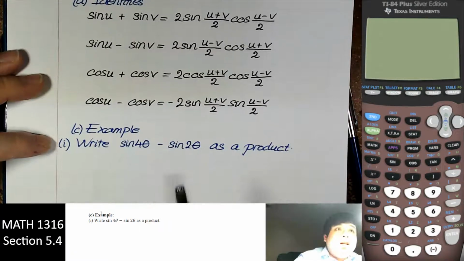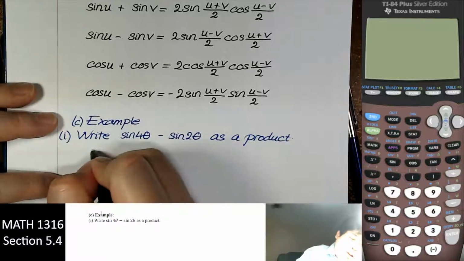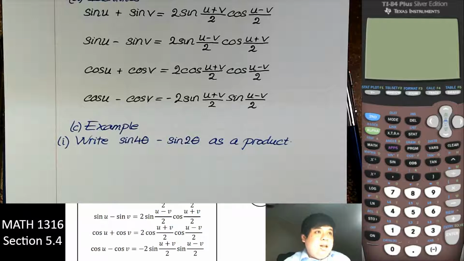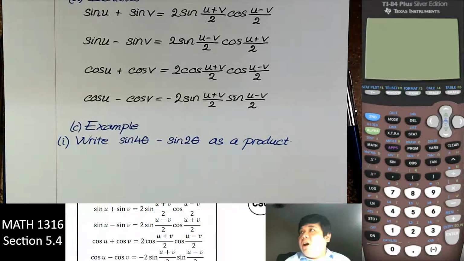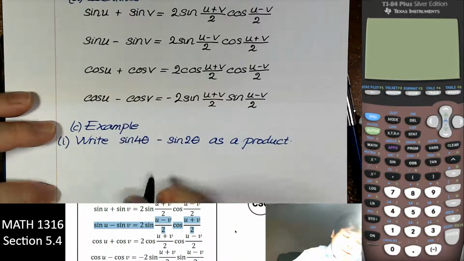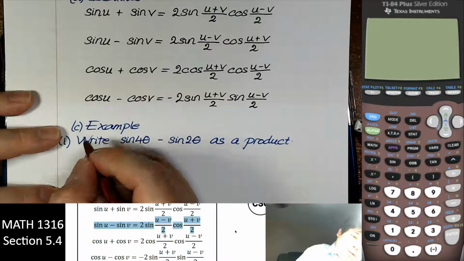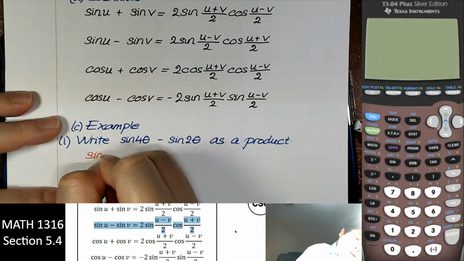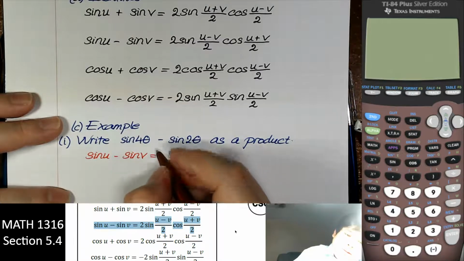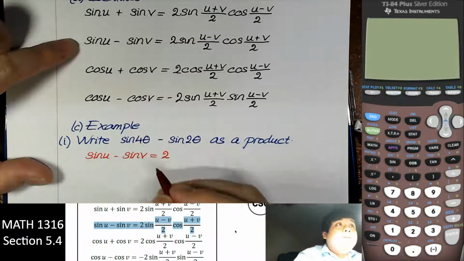So we're going to write this as a product. So we have a sine minus a sine. So we look for the formula that has a sine minus a sine, right? This one. Which is that one.